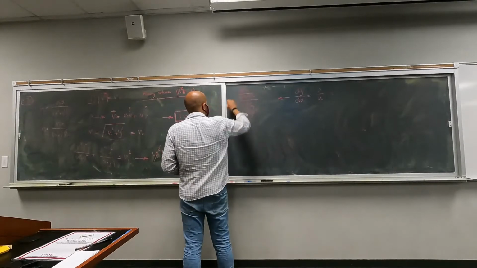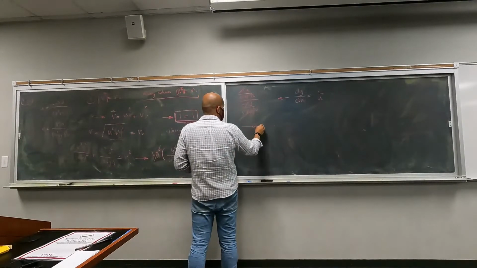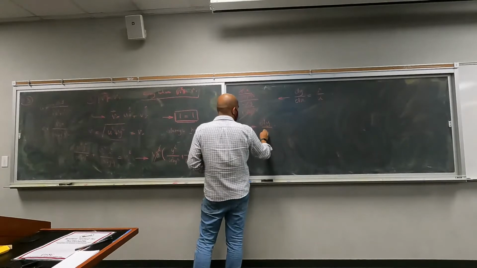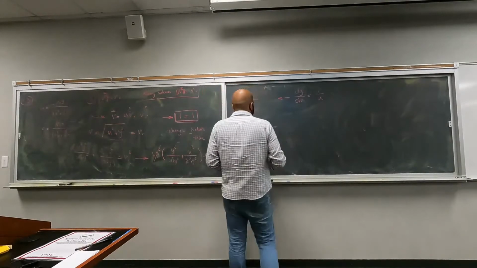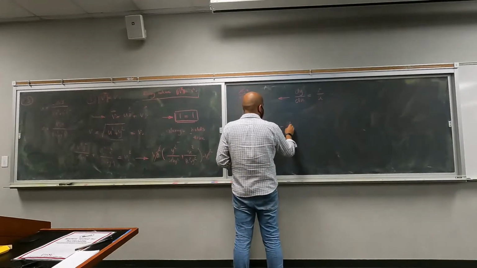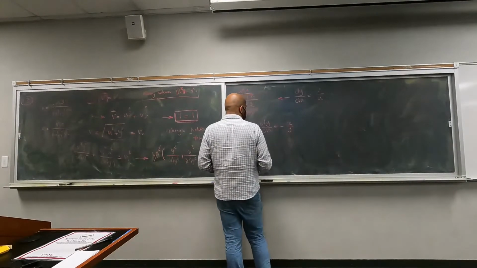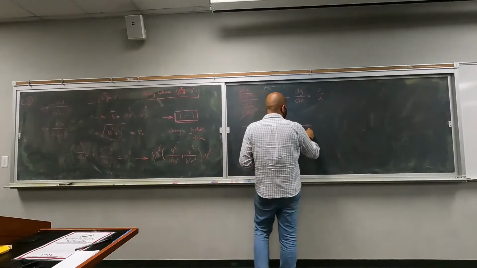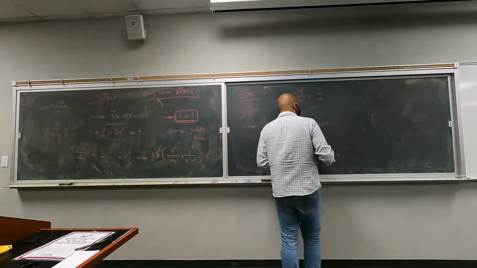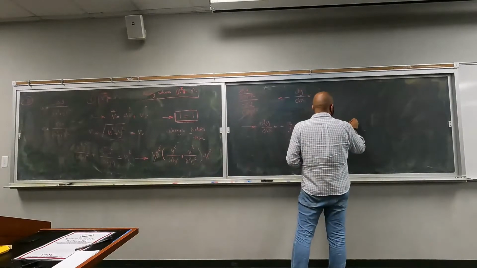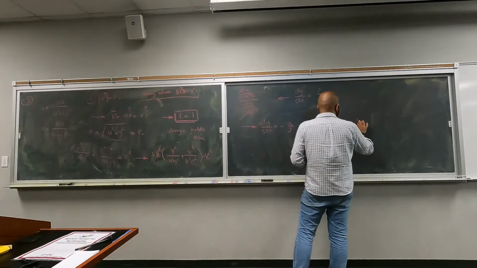V naught will cancel out. And for this flow field, we're going to get dy/dx equals negative x divided by y. Or you can say x dx equals negative y dy.